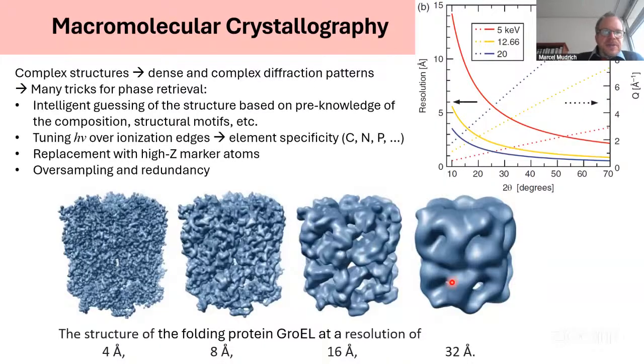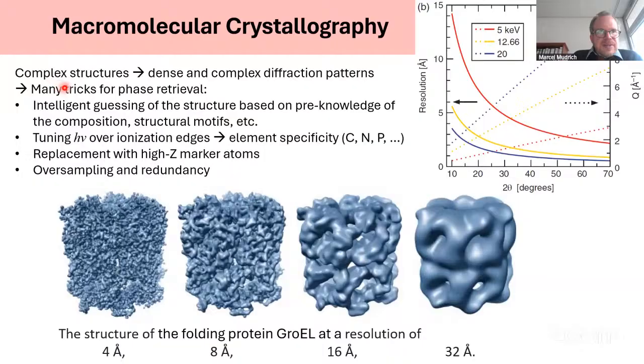Yeah, then for these complex structures like proteins, some parts of the protein do have a regular structure, but the overall distribution is certainly not like a monocrystal. Then this produces very complicated, complex scattering patterns because it's a complex structure.